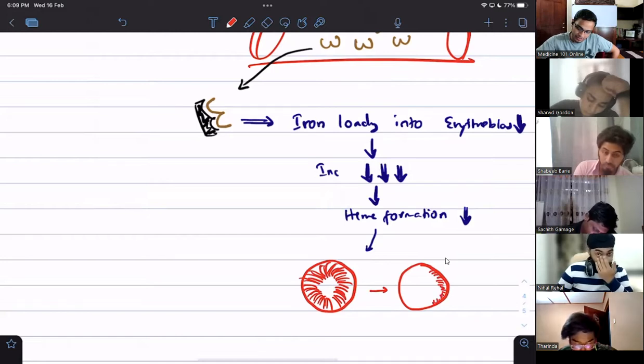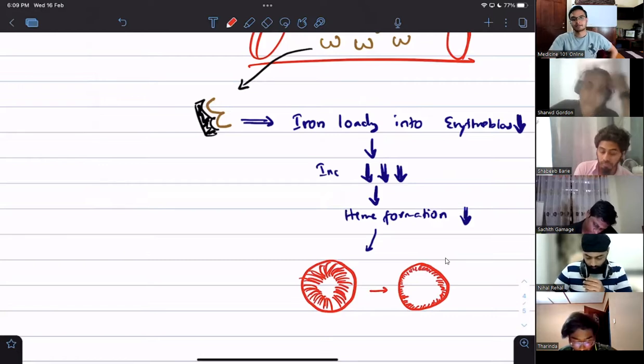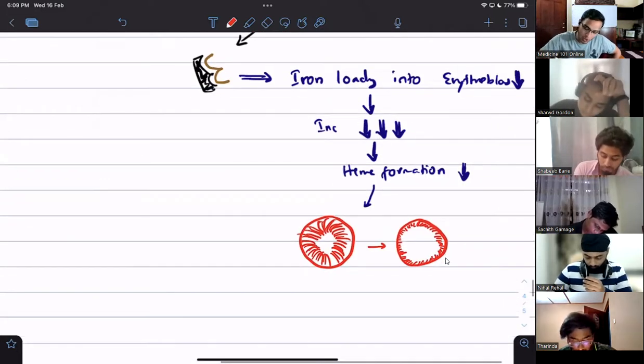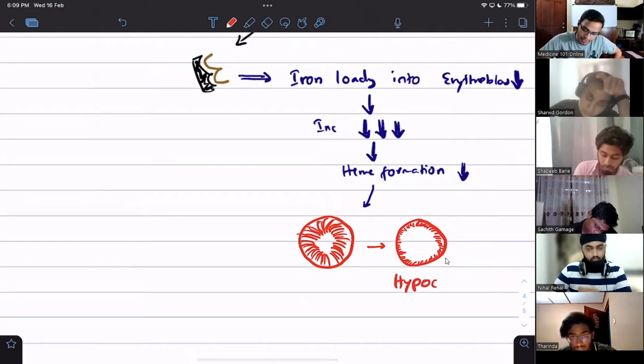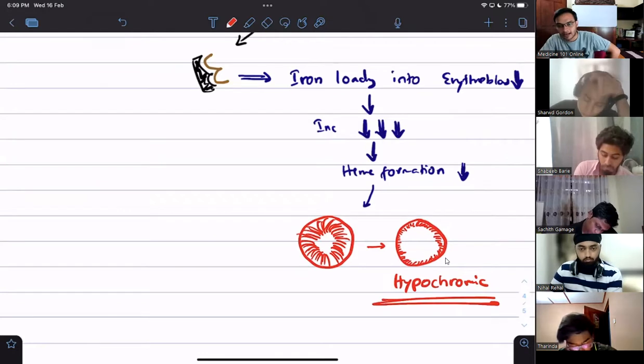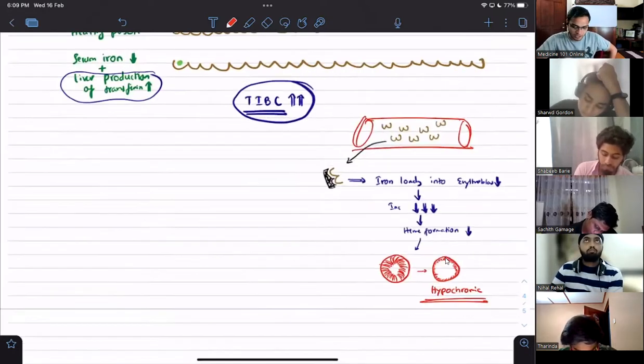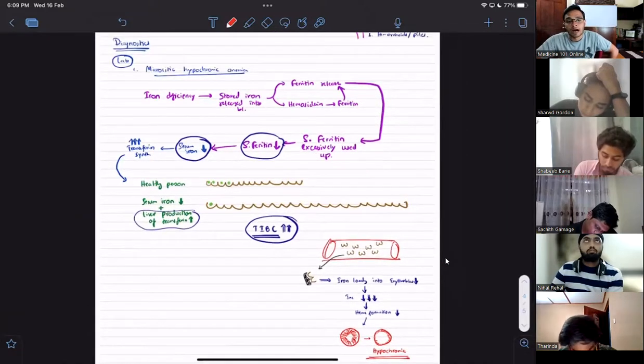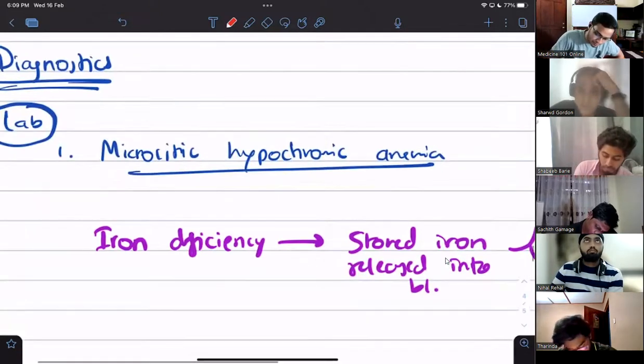Heme will be only a very little bit. The pale region in the center increases in size. This is what we call hypochromic RBCs. Hypochromic: the color is less.